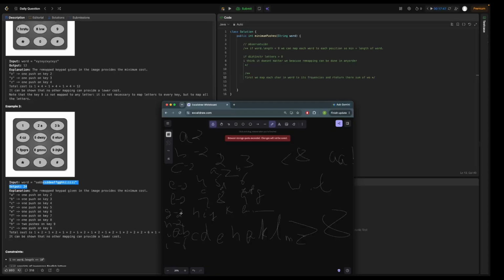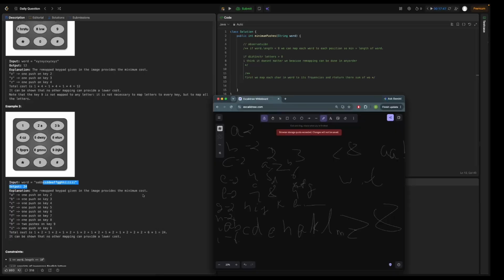So now that's 6 plus G and H, A, B, C, D, E, F, G. If the number of distinct characters is greater than 8, we multiply it by 2, right? Up till H we were at 8, right?